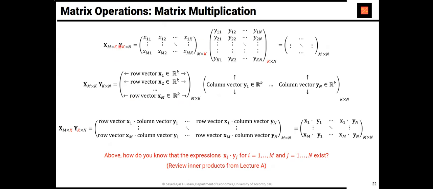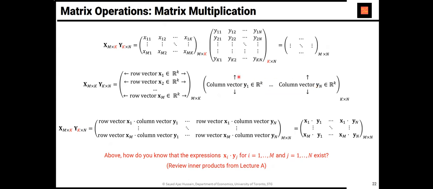And the second matrix Y consists of how many column vectors? k column vectors, right? 1, 2, and so forth. So remember, each of these row vectors is in Rk, and there are m of these, and each of these column vectors is sitting in Rn, and there are k of those.